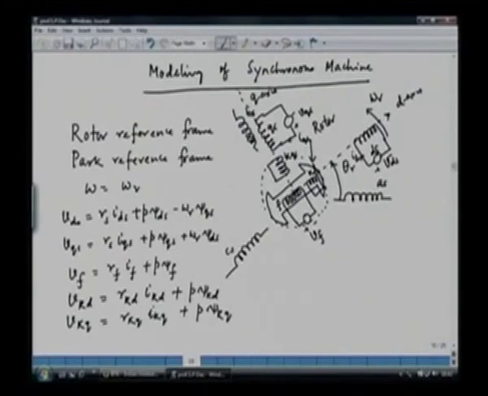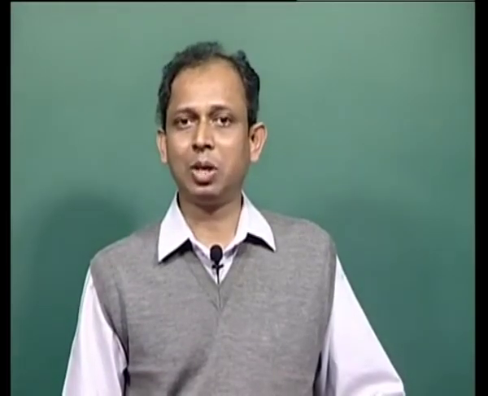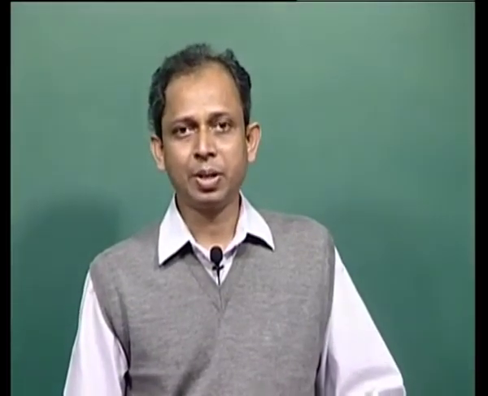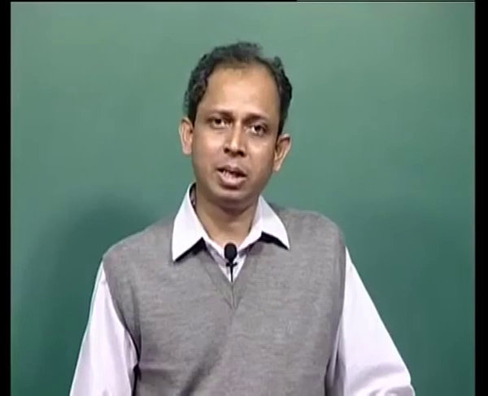So we have 5 equations. Now if you compare this with the equation of induction machine, in induction machine we just had 4 equations: VDS, VQS, VDR and VQR. So naturally the simulation of synchronous machine is a little more complex than that of an induction machine. Now let us try to see what exactly is the transformation here.